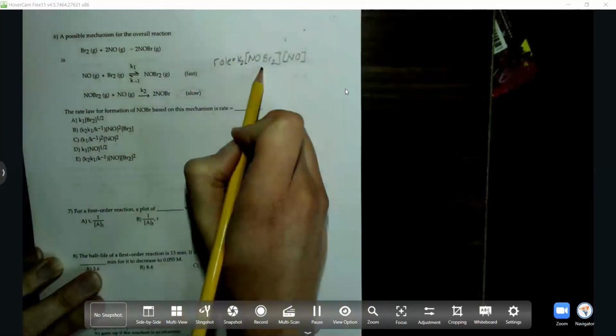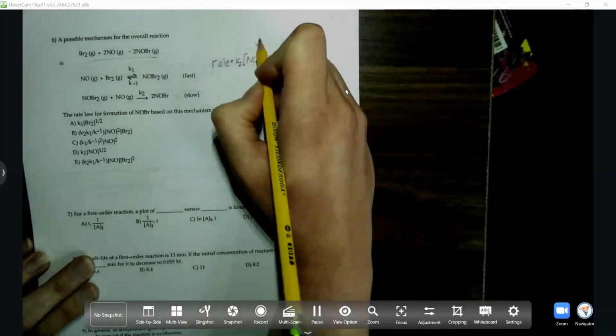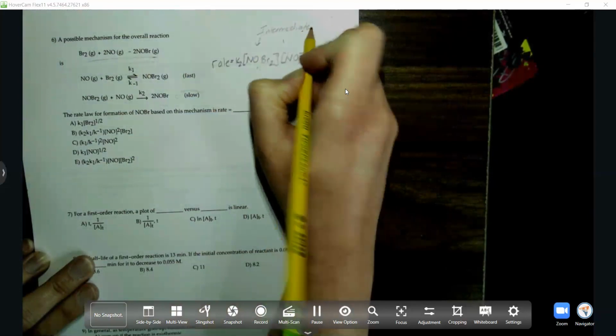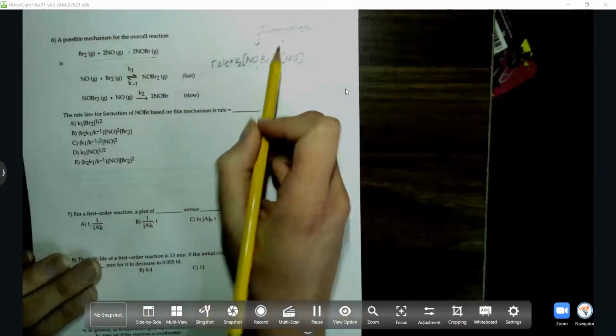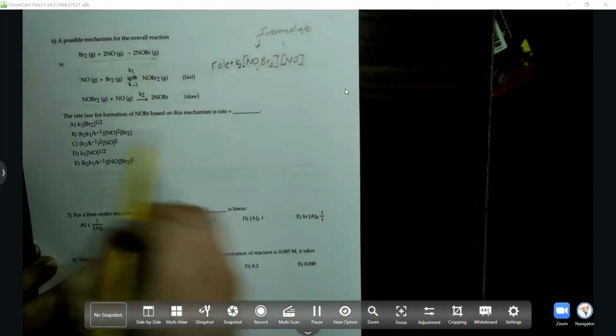You cannot have anything in the rate law that doesn't appear in the overall reaction. But we do have this intermediate. So we need a way to get rid of this intermediate. And really the only way is in the case where we have this reversible fast starting step.